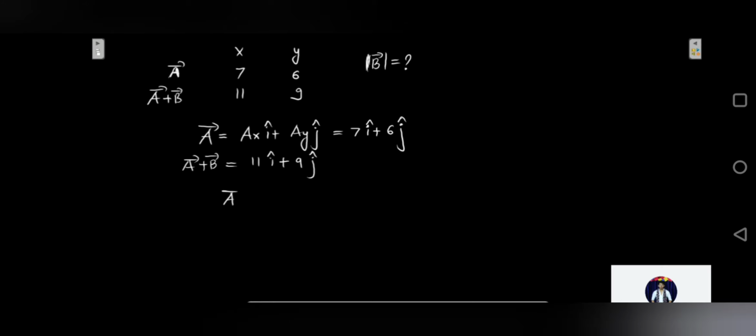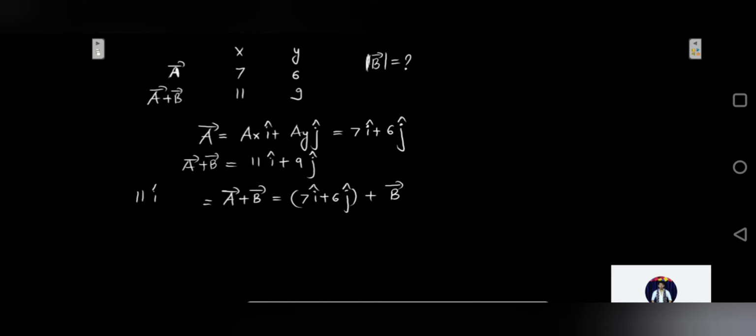We know that vector A plus vector B is nothing but vector A plus vector B. I'll substitute over here. So this is going to be 7i plus 6j is vector A, plus vector B I do not know. And in place of A plus B I'll put whatever A plus B is given to me.